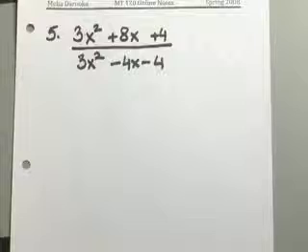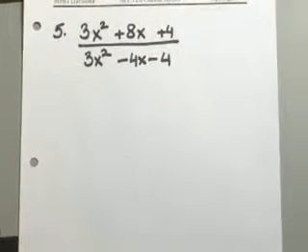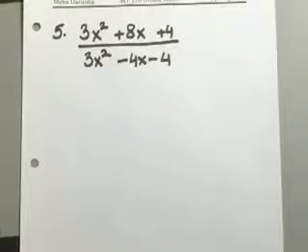Let's consider one more example here. In this one, we have trinomials that we're trying to write in the lowest terms. In this case, you have 3x squared plus 8x plus 4 divided by 3x squared minus 4x minus 4.